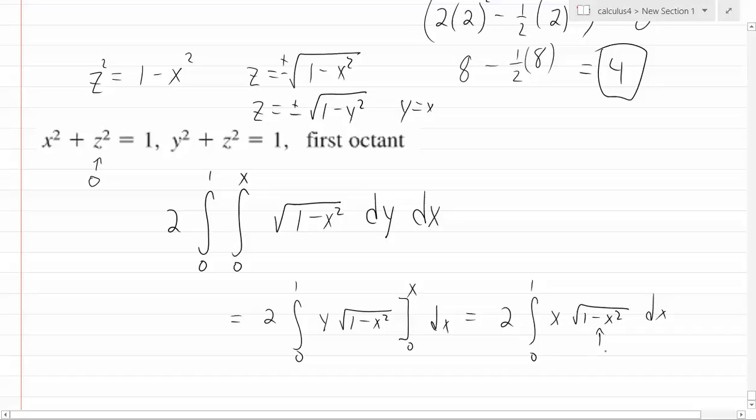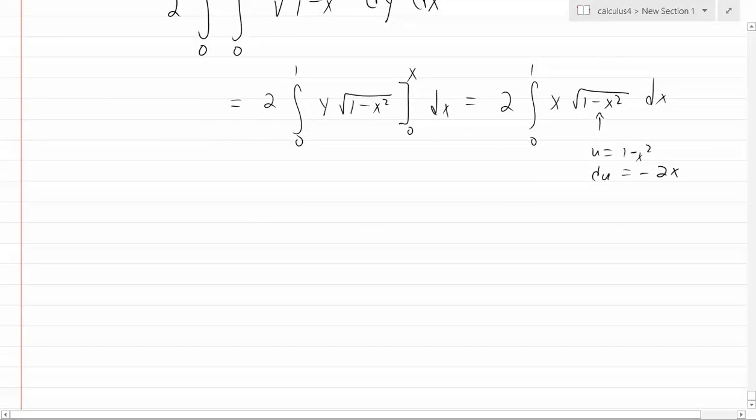And so if I let that be my u, what's under the radical there, my du is present, and I just need to adjust for the constant. And so if I bring out a negative 1/2, then that's going to be the integral of what? u to the 1/2.